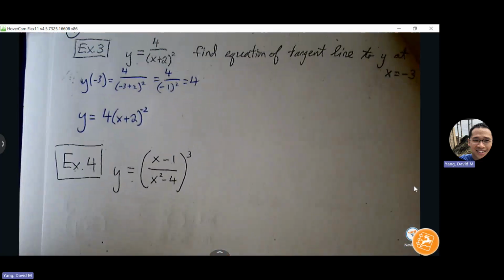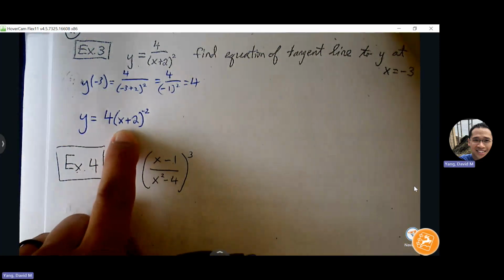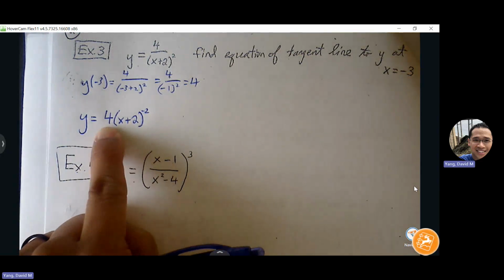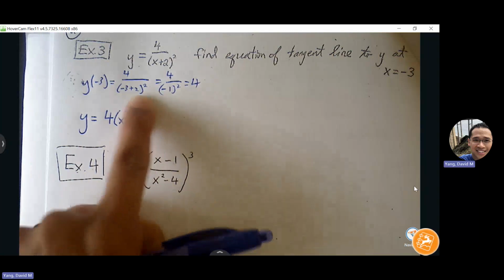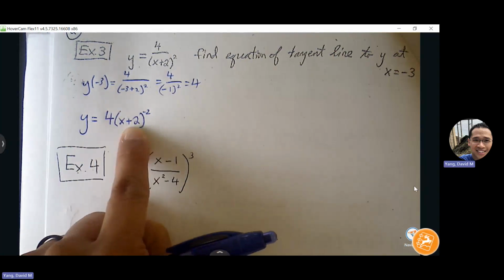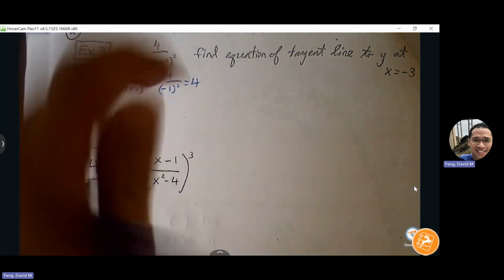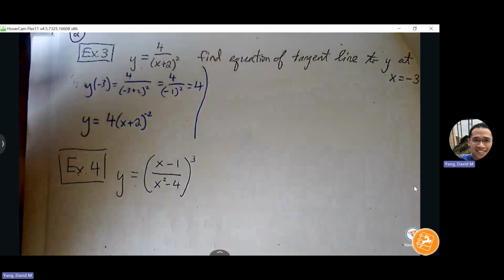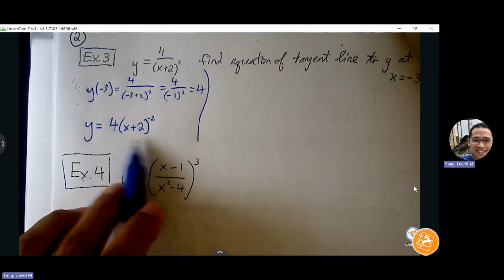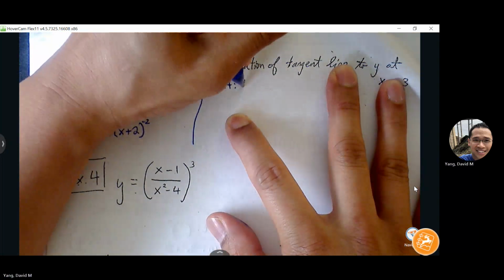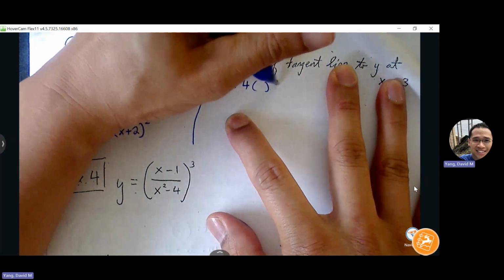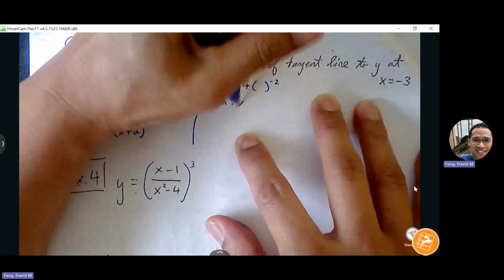Everything is in the numerator. There's not even a need for the product rule because the 4 is just a number. It's just going to tag along to whatever this derivative is. But we definitely see an outside and inside portion. So we have to go through what rule here? Chain rule. Yeah, there's an outside and inside portion. Obviously, we can't distribute the -2 through the parentheses. It's kind of stuck in that form. So the outside is 4 parentheses to the -2, and the inside is the x plus 2.